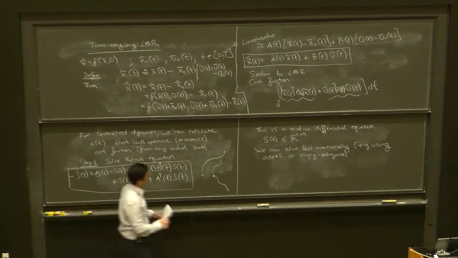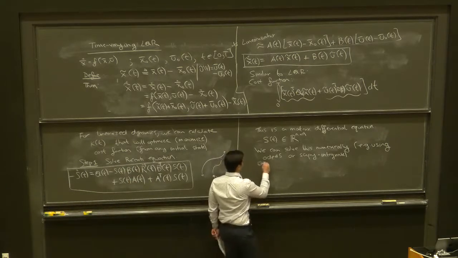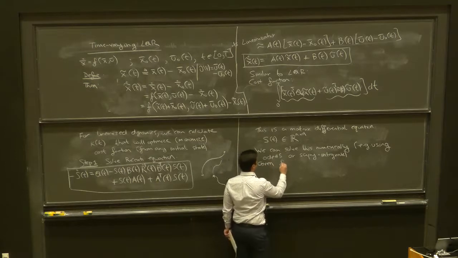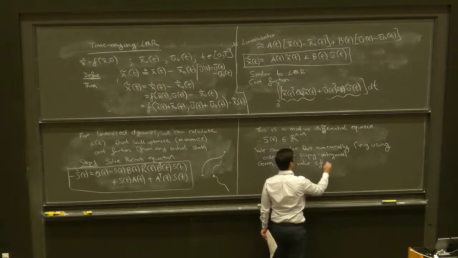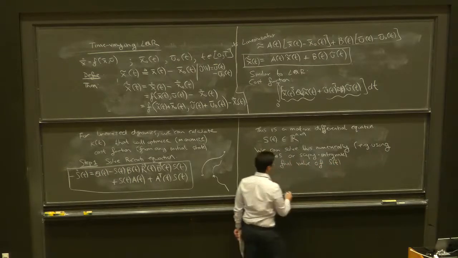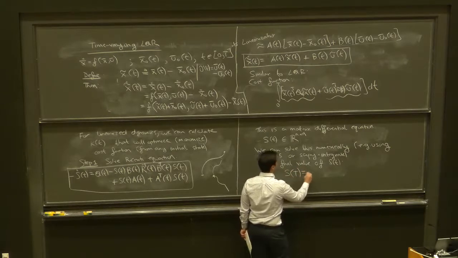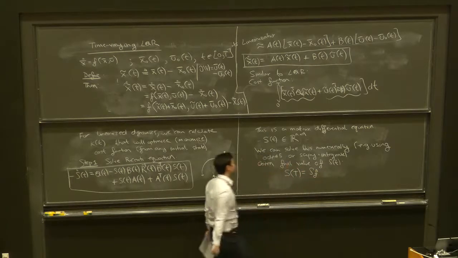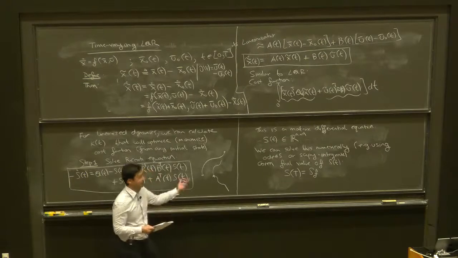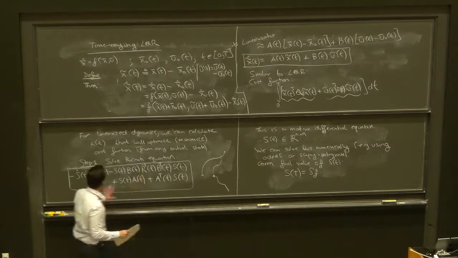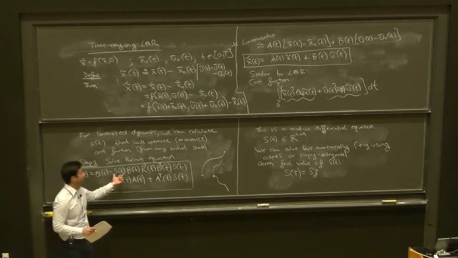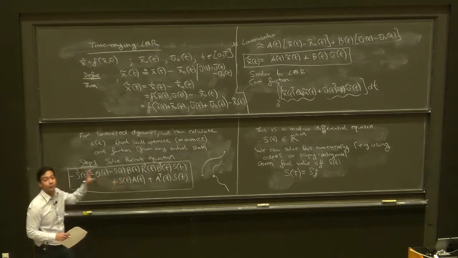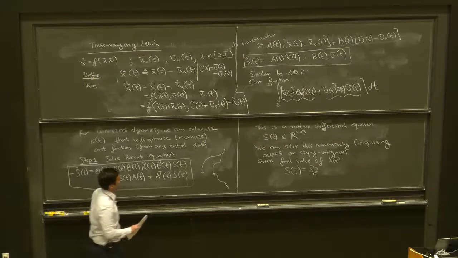Typically what you do here is, given some final value of S of t, so S at time capital T, you fix it to something that you choose. For example, just the identity matrix, and then you solve this differential equation. This gives you S at every point in time. So it gives you a matrix at every point in time.